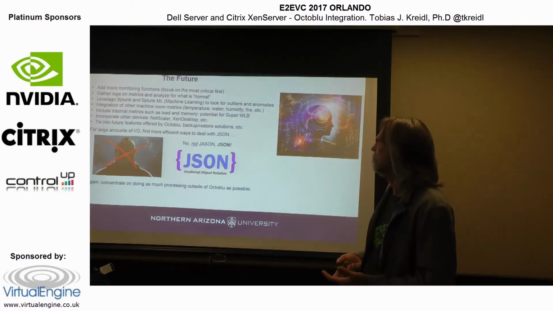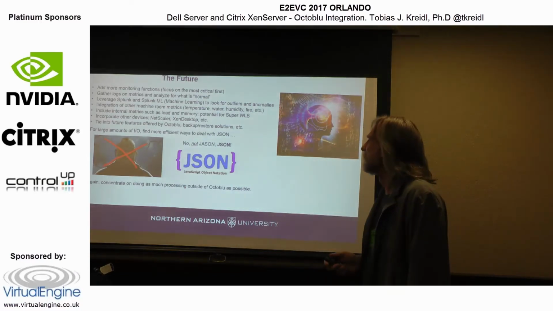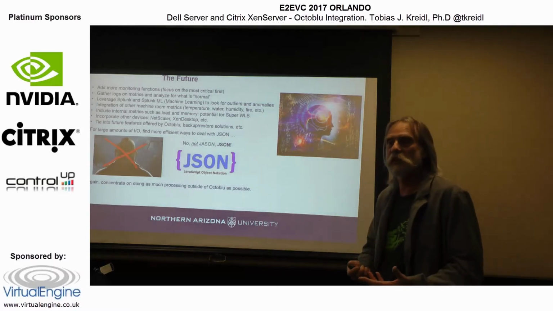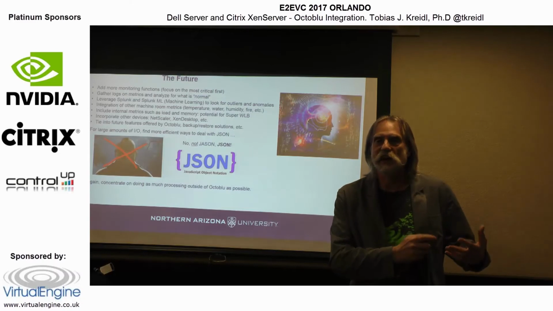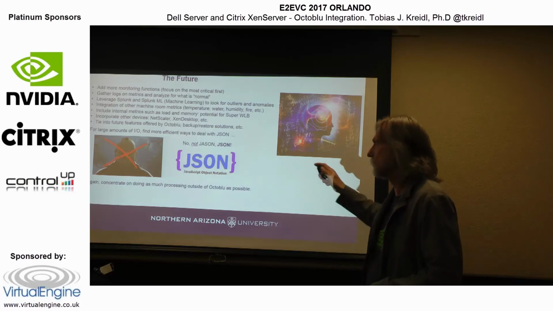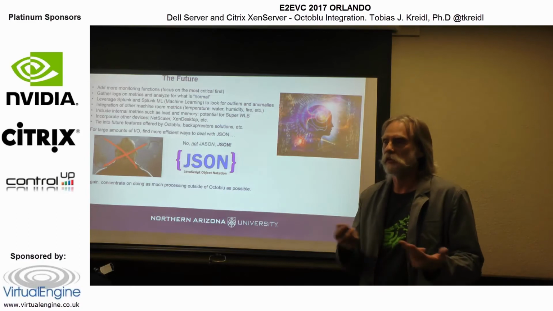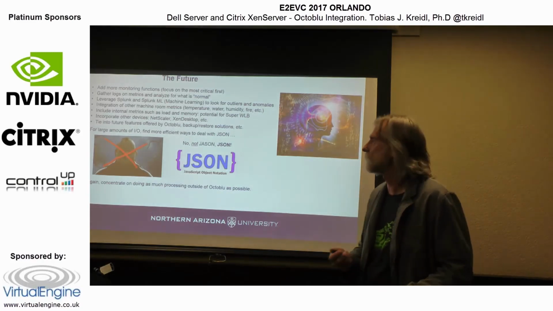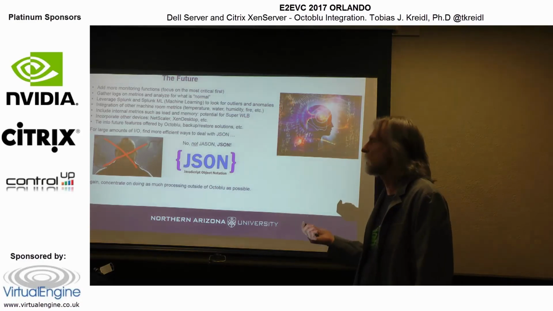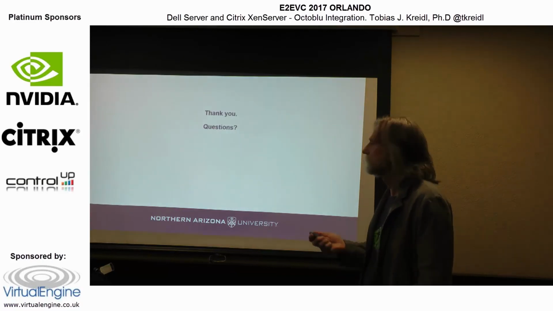So again, we want to concentrate on taking the information that is not critical to the internal processing within the Octoblu environment, and do as much of it as possible externally on other servers, and then only feed that information back in when absolutely necessary. And thank you.